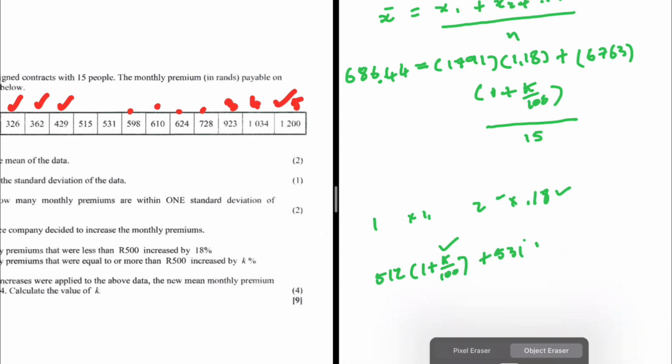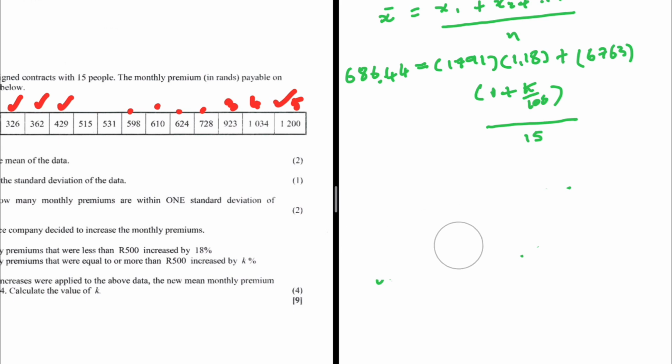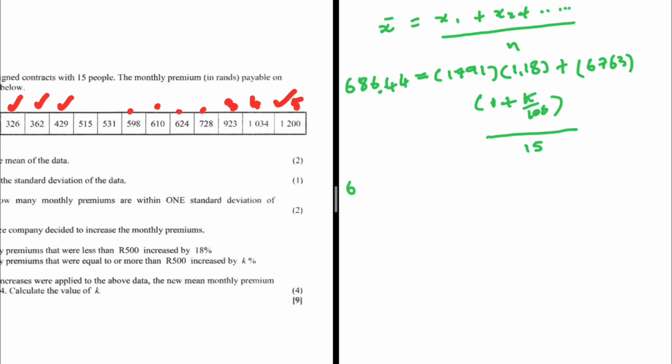Let me just erase this. Right, so we're going to have 686.44 being equal to, so I'm going to multiply those two, 1791 multiplied by 1.18.